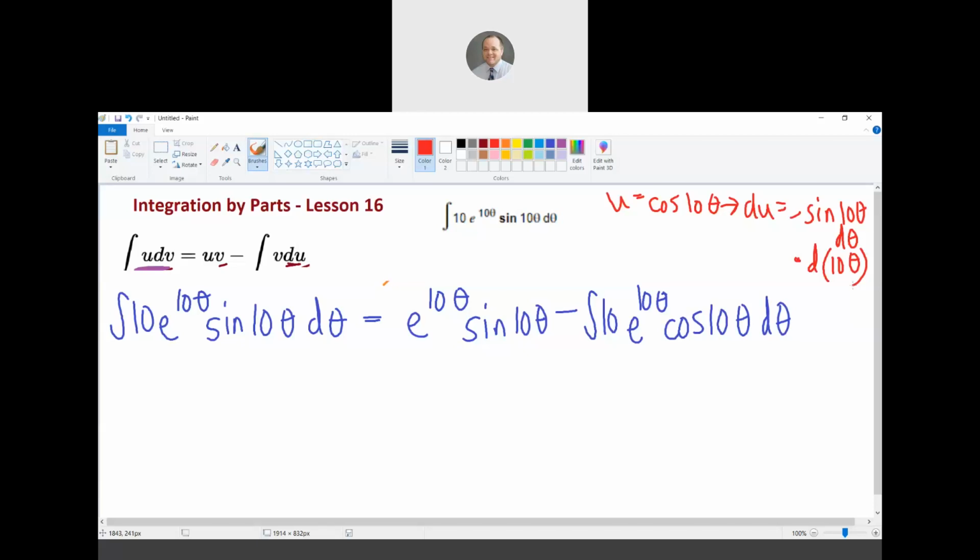So du is equal to, well, the derivative of 10 theta is just 10. And moving it to the front gives us negative 10 sine of 10 theta d theta.